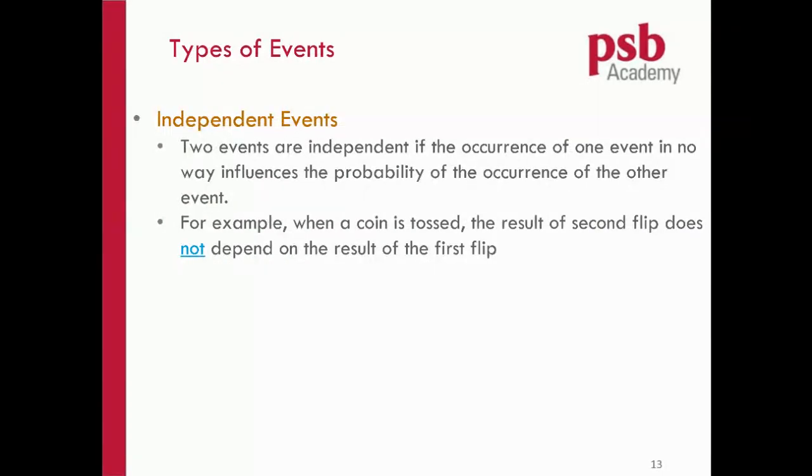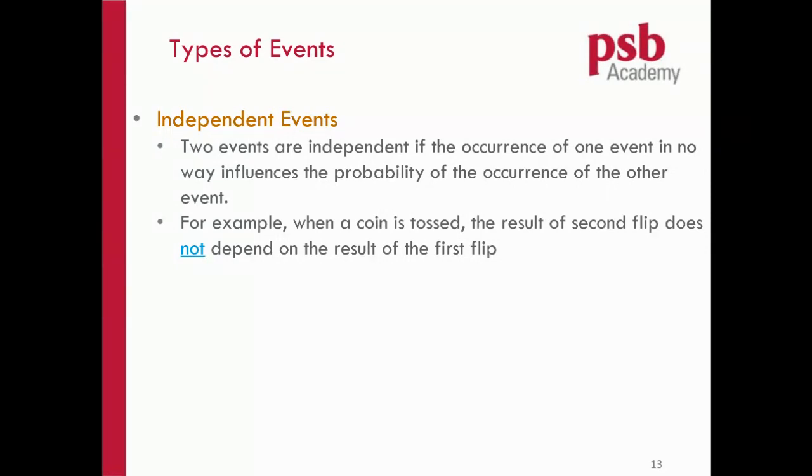The other type is called independent events. Two events are independent if the occurrence of one event in no way influences the possibility of occurrence of the other event. For example, you hold a coin in one hand and a die in the other hand.